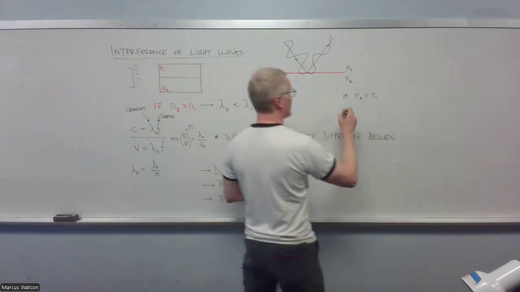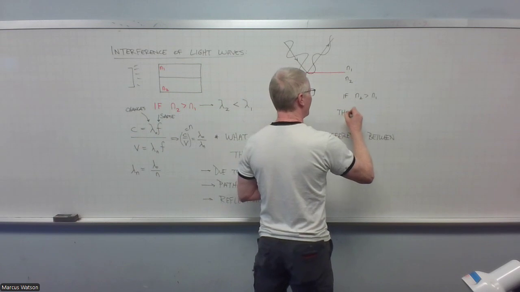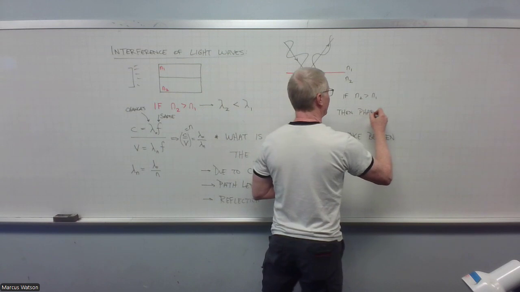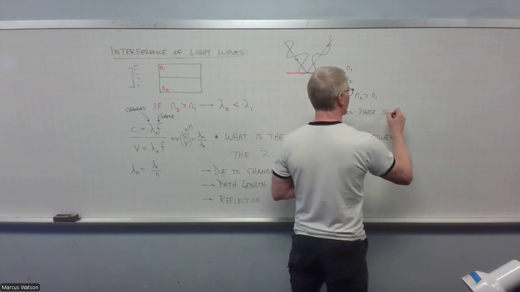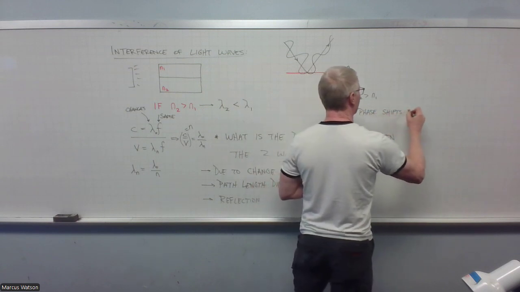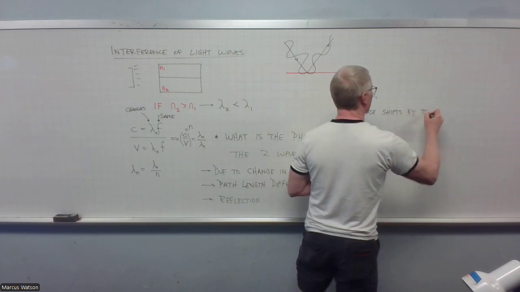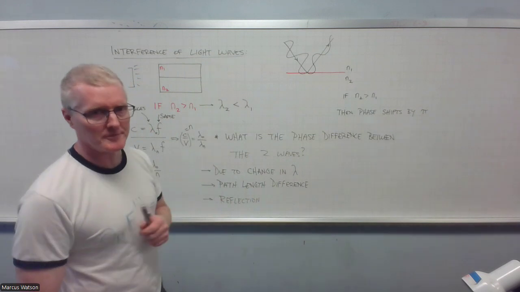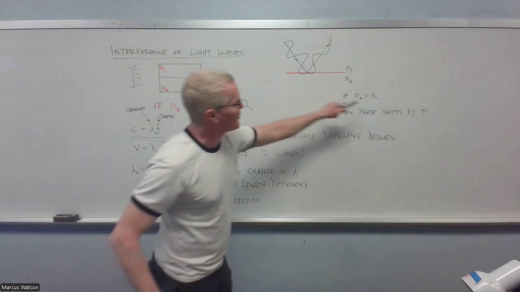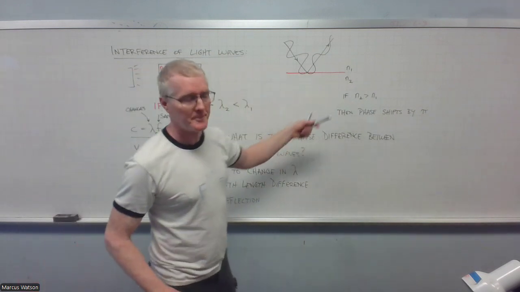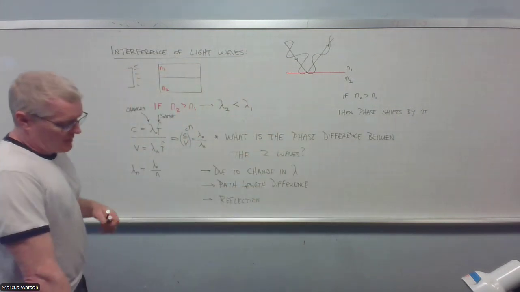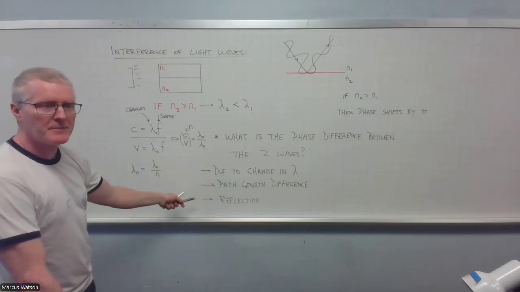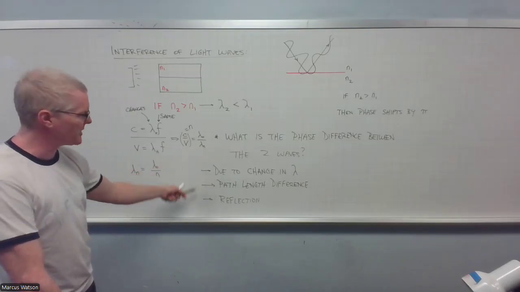If N2 is greater than N1, then the phase shifts by pi, or 180 degrees. It flips the wave over. If it's the other way around, then the phase shift is 0, right? So these are the three main pieces that we're going to be concentrating on in this class.